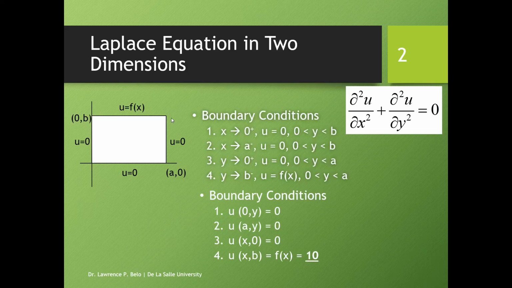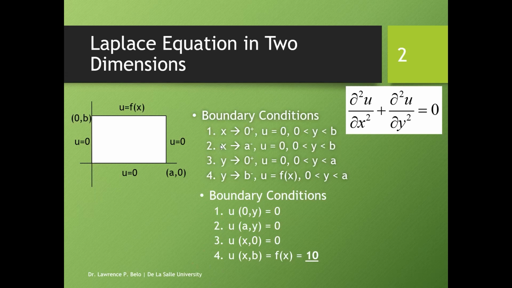So it has dimensions of a by b, right? So the u here are temperatures. You can see here that at the bottom, it is subjected to a temperature of 0. On the sides, the slab is subjected to a temperature of 0. And then lastly, as you go higher and higher, this end is subjected to a temperature of u is equal to a function of x.